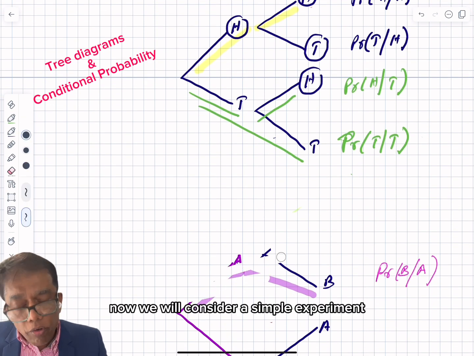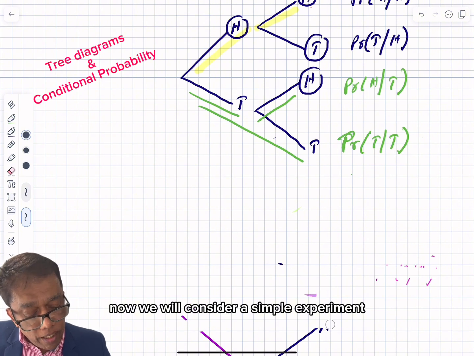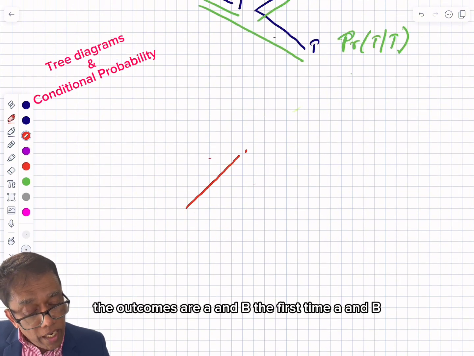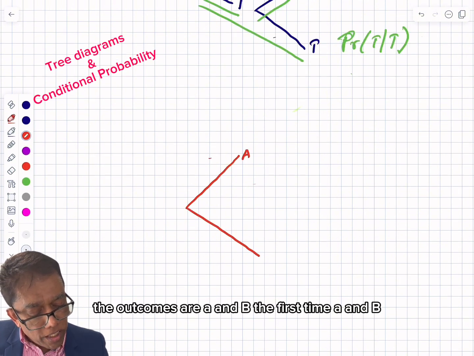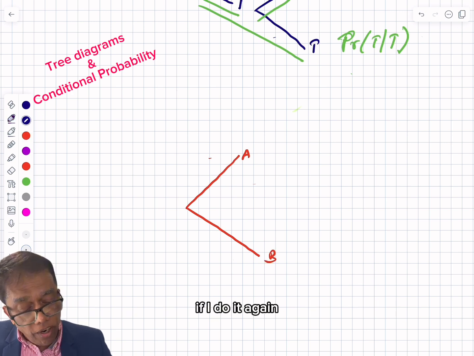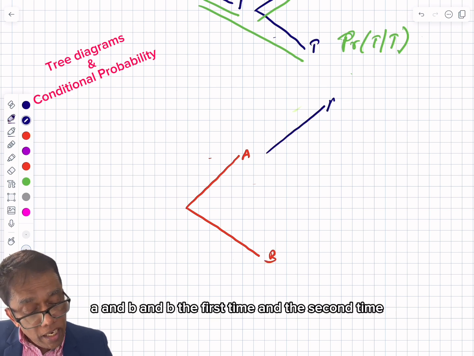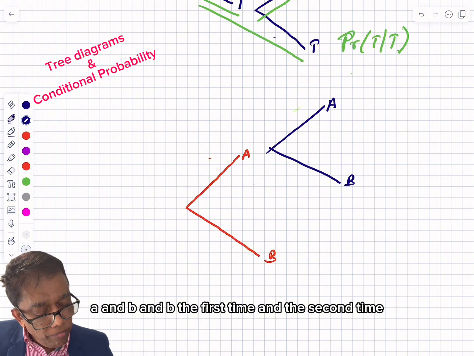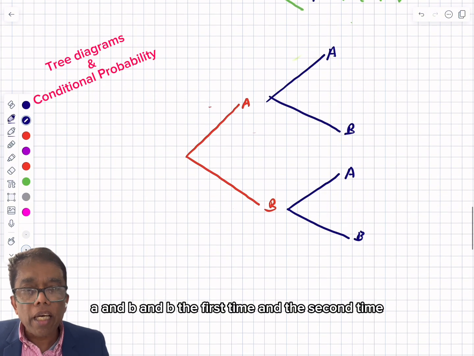Now we will consider a simple experiment. The outcomes are A and B. The first time A and B. If I do it again, A and B, A and B, the first time and the second time.